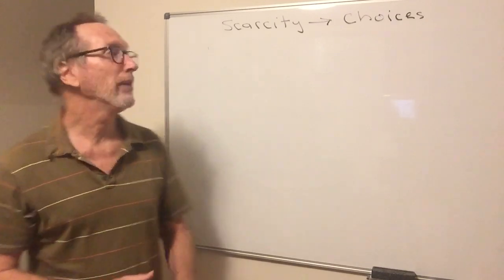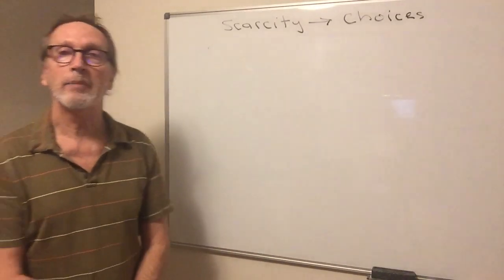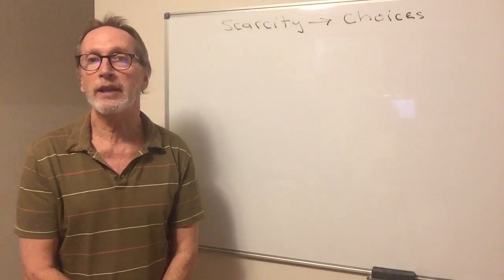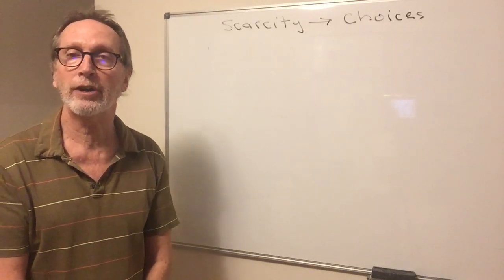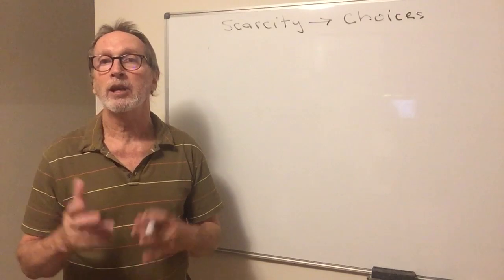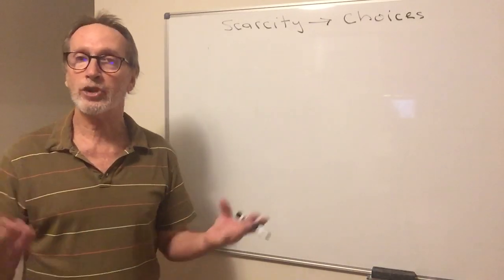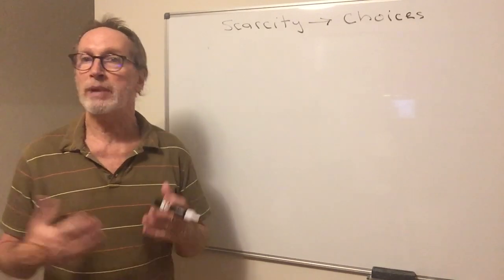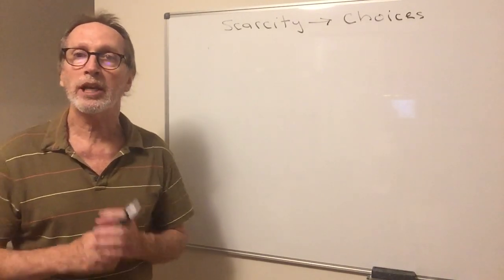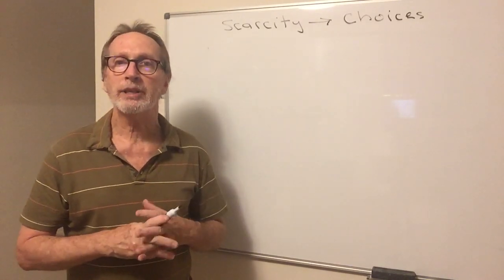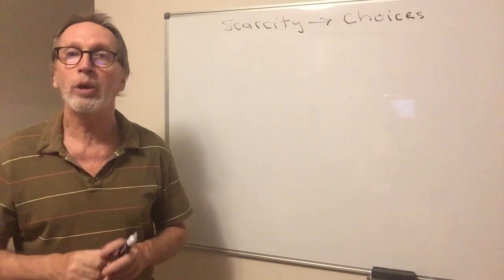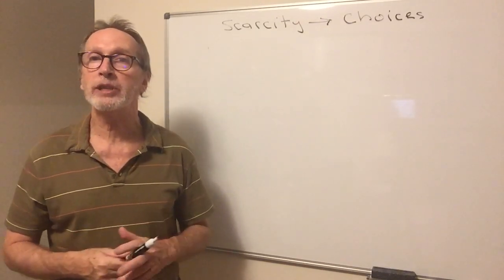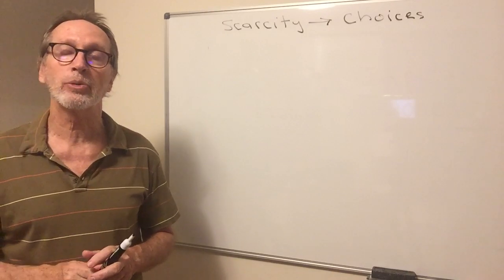We know that a fundamental concept of economics is scarcity, right? Things are scarce, resources are scarce, you can't do everything, you've got limited time. A country has limited labor, land, and natural resources. So a country or a business has to decide what are we going to produce? How are we going to use these productive resources?